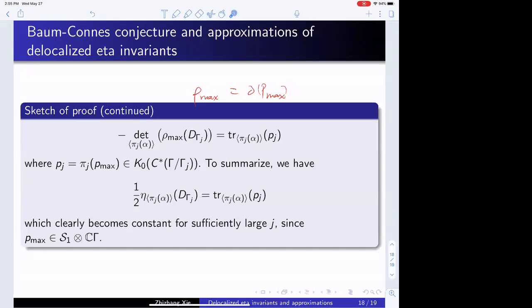To summarize, we show that the delocalized eta invariant is the same as the trace of this P_j. But P_j is the image of P max, and there are only finitely many terms in here. Under the conjugacy separability condition, it's trivial to see that these stabilize in the end. And that's the end of the proof.